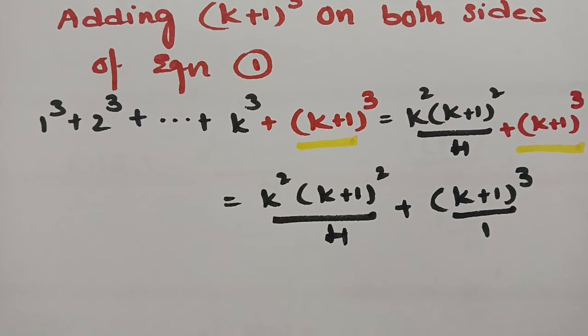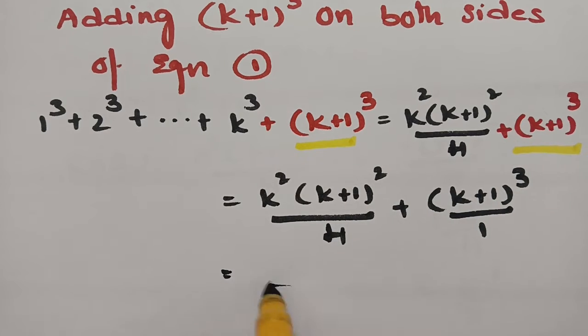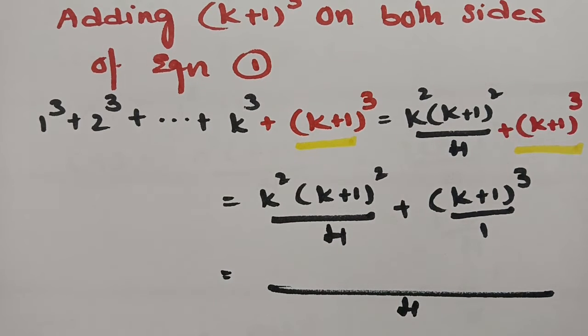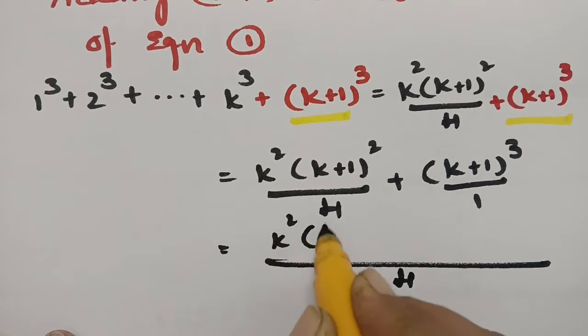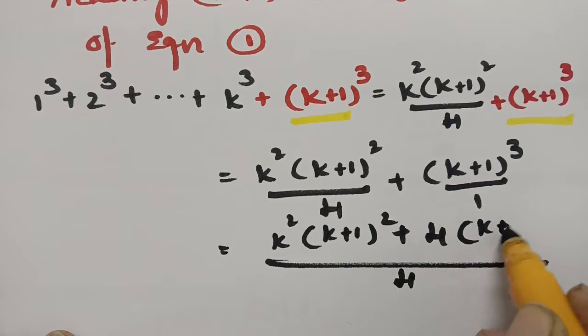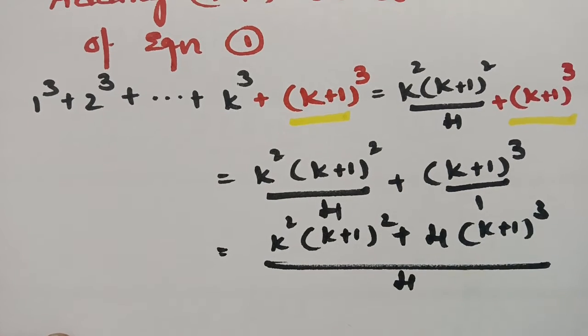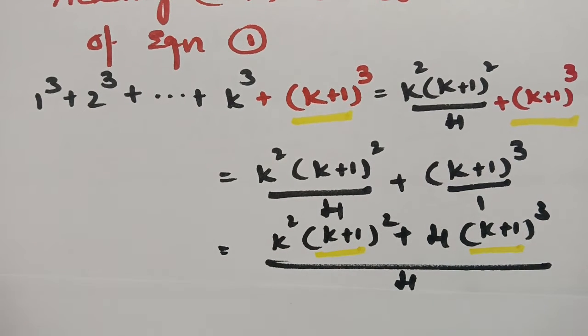Here, between 4 and 1, the LCM value is 4. After taking 4 as LCM, this will be k square into (k plus 1) whole square plus 4 times (k plus 1) whole cube. Now I can take (k plus 1) whole square common from these two terms.